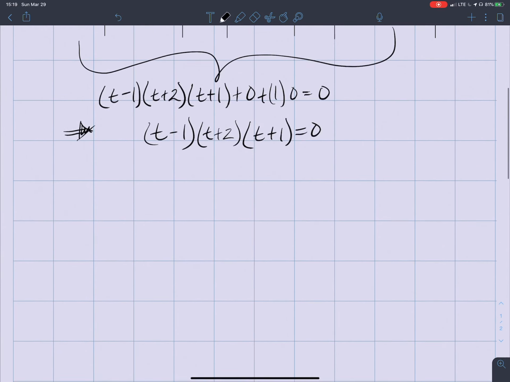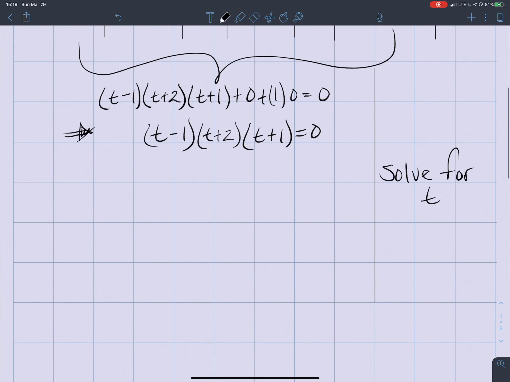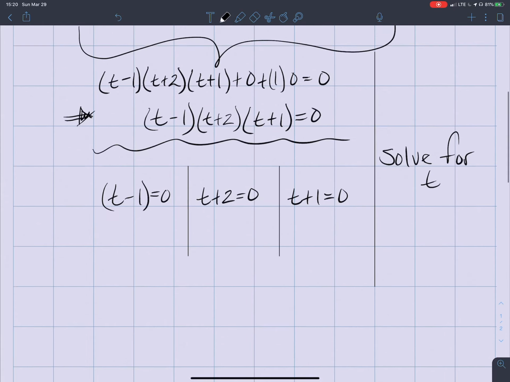Now solving for t, we get t minus 1 equals 0, t plus 2 equals 0, and t plus 1 equals 0. We want to find all values, remember, so that's why we have to set all of these different factors equal to 0.